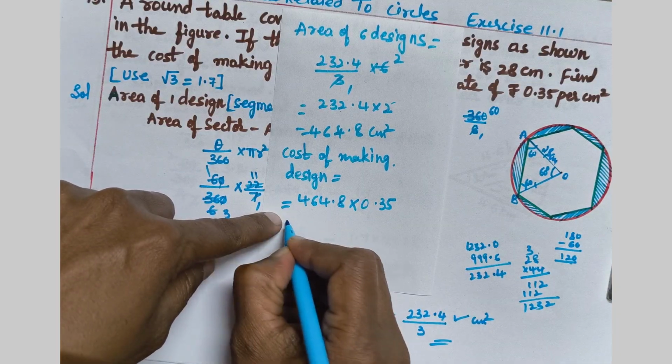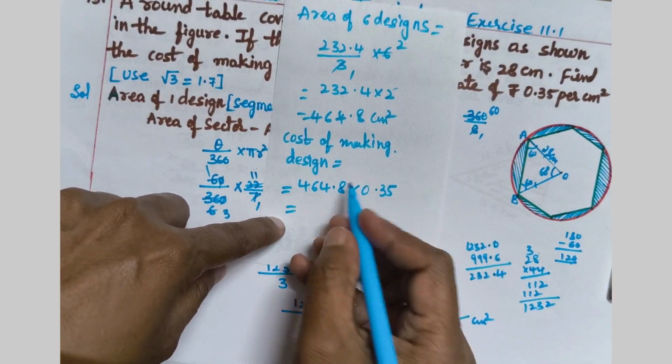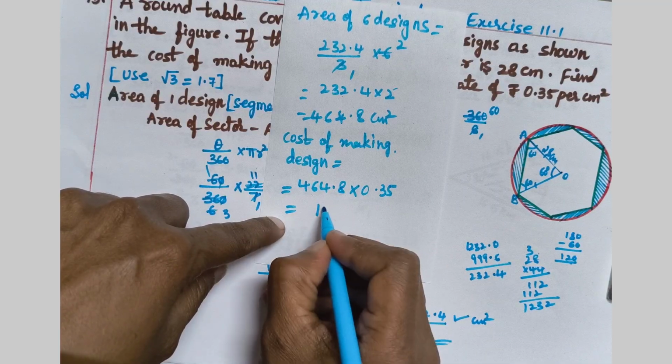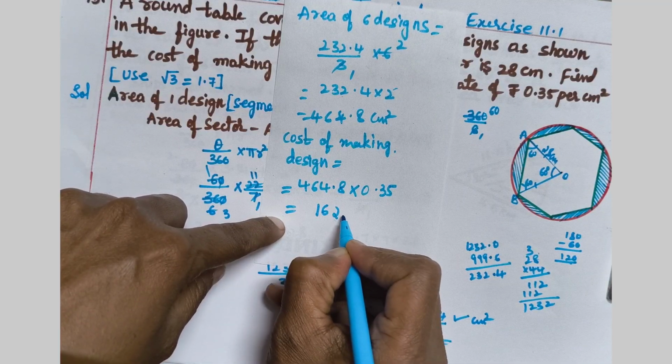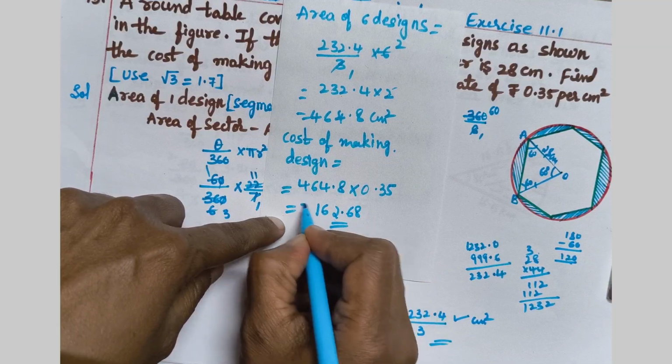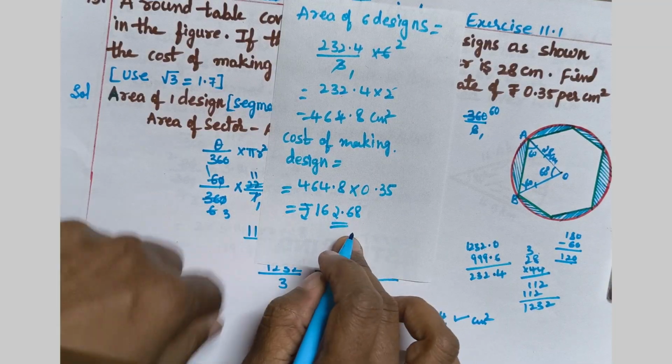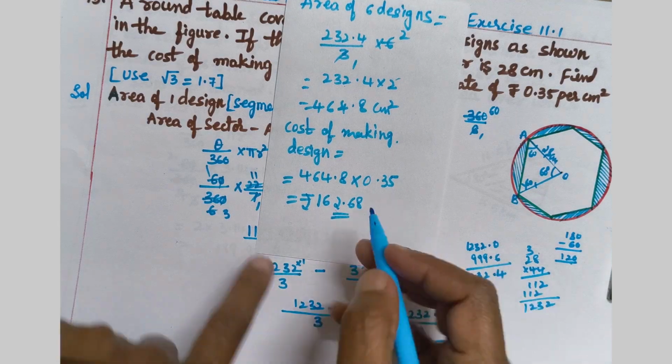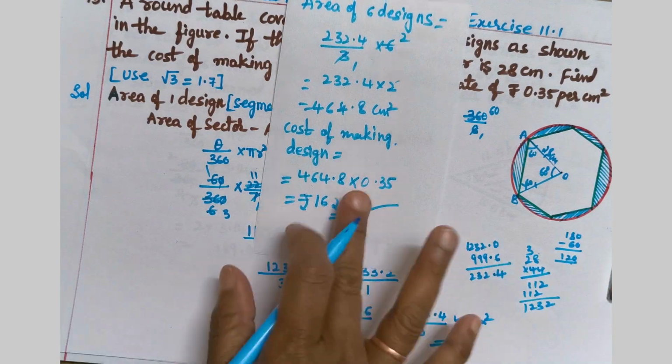This 2 multiplied means you will get the answer. So what is the answer? This 2 multiplied means we will get 162.68. You will get this is the rupees. 162.68 rupees. This is our final answer.